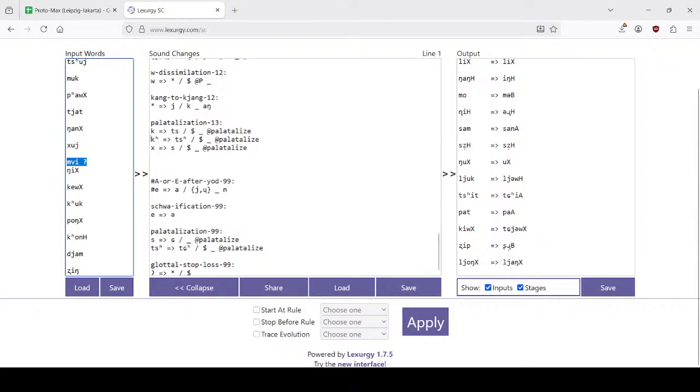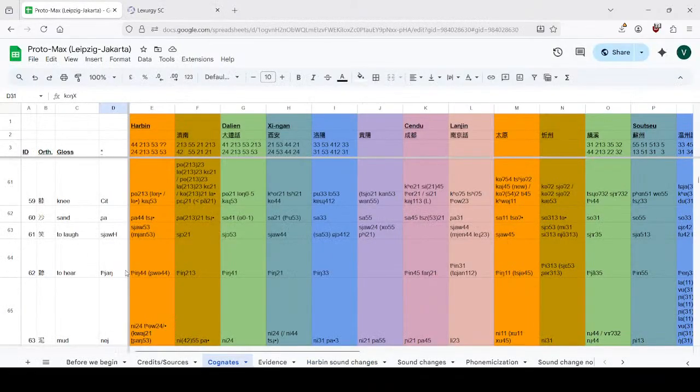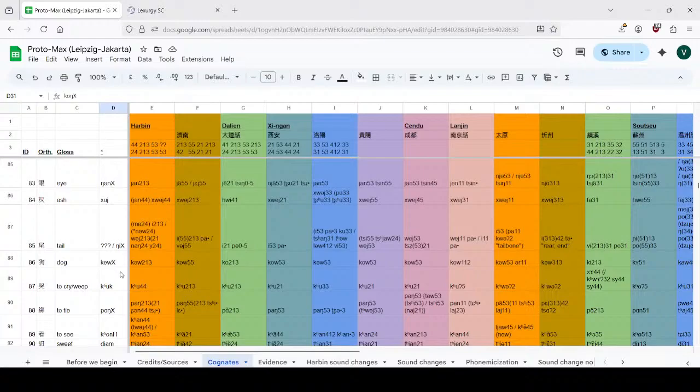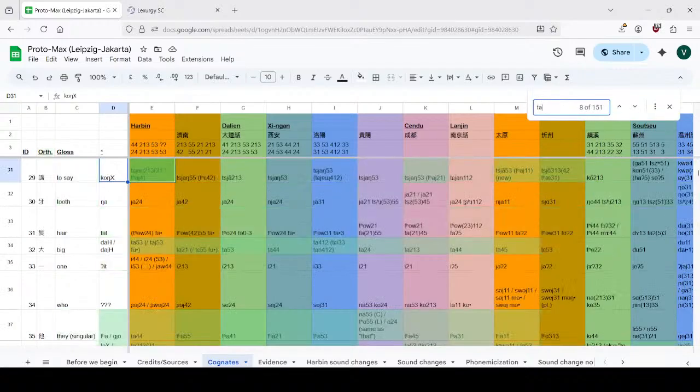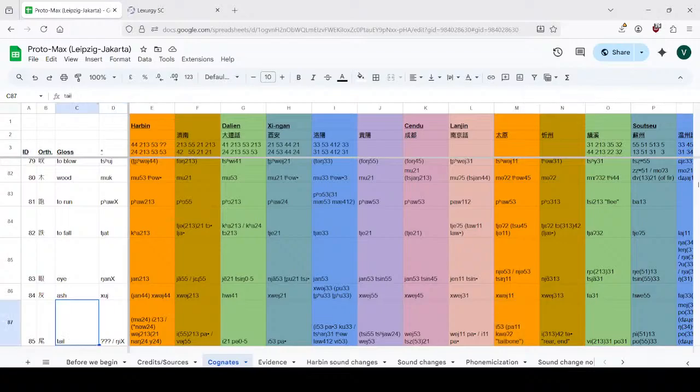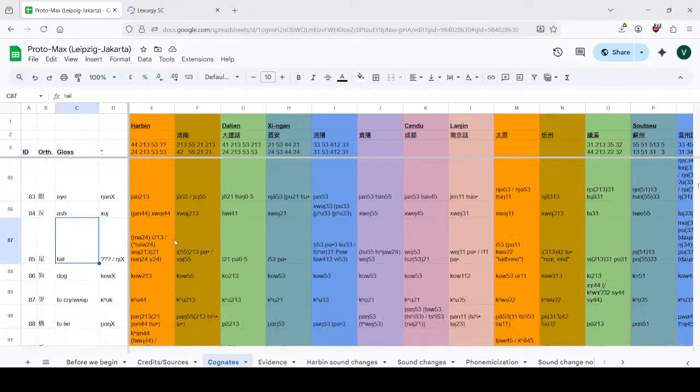Okay. But yeah, let's look at tail, because tail was giving us some trouble. Where is it? Control F tail, it's probably quickest. Yeah, it was giving us some trouble.